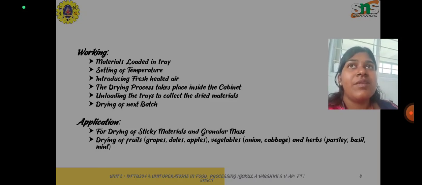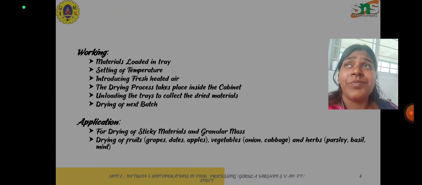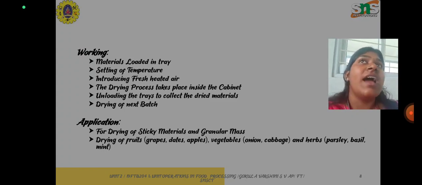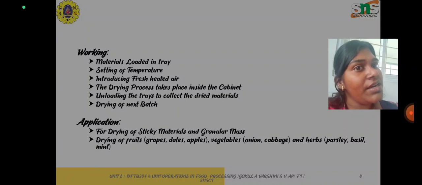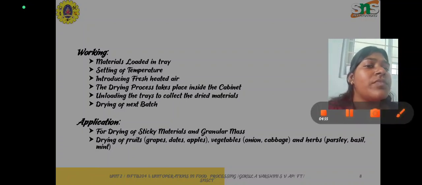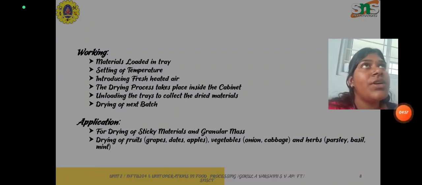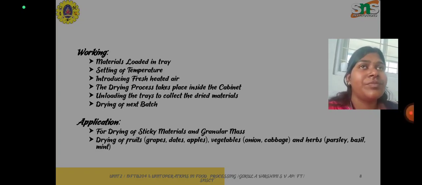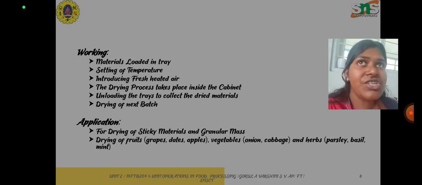And also this tray dryer can be set up to a temperature of 250 to 300 degrees Celsius, and it is user friendly. On the disadvantages, we can say that these tray dryers need continuous watching of moisture content or color change.